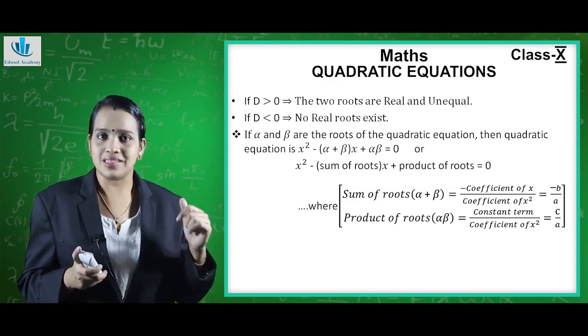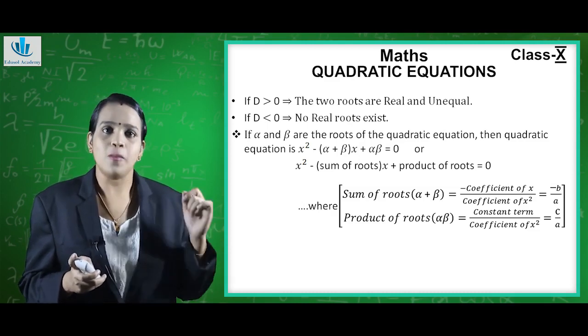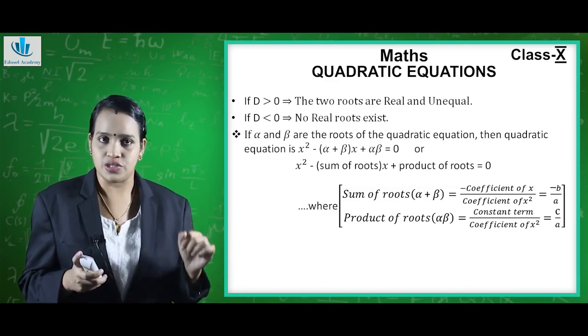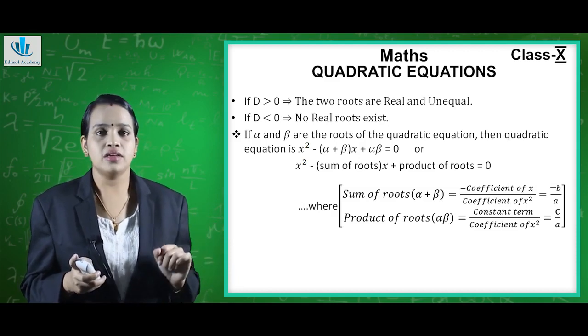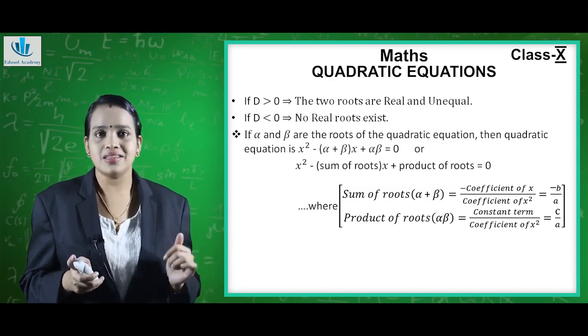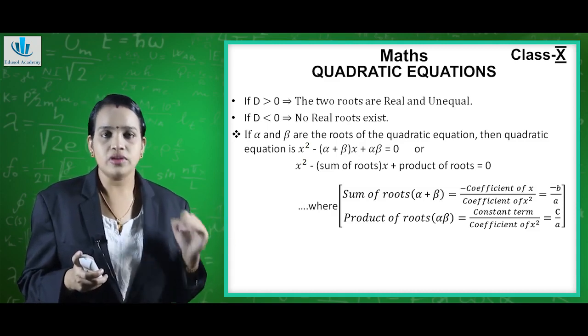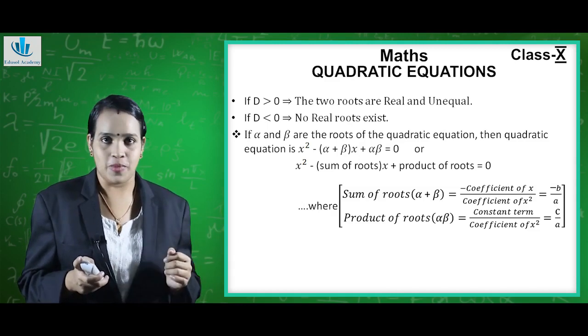Here the sum of roots, alpha plus beta, is equal to minus coefficient of x upon coefficient of x raised to 2, which is equal to minus b upon a. The product of roots, alpha beta, is equal to constant term upon coefficient of x raised to 2, so it will be equal to c upon a.